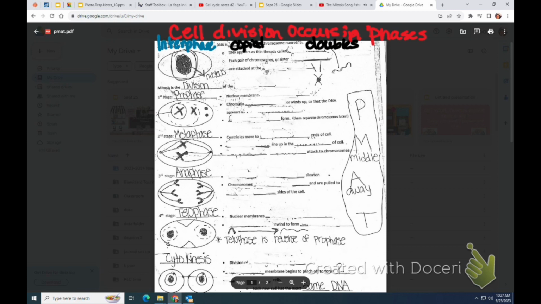DNA is copied. The chromosome number doubles. They are coiled up DNA. Remember we talked about how it's like hair twists? If I took hair and I twisted it until it curled up on itself, DNA does that. And during that process, we're going to call it chromosomes, chromatid. I'm going to give you some of those definitions here in just a second.